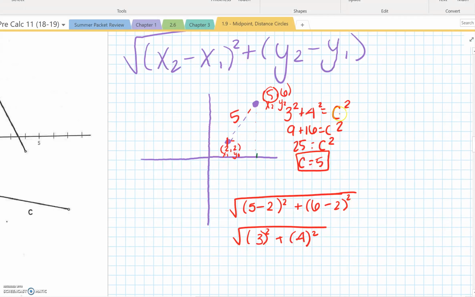But remember, up here I visually calculated the distance and got 3 here and 4 here. So this 3 and 4 is the same thing as this 3 and 4. And the square root is what you had to do at the very end. So at the very end, you would just take the square root and get 5. So the distance formula and the Pythagorean theorem are literally going hand in hand.